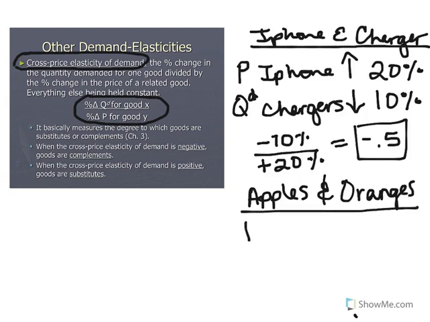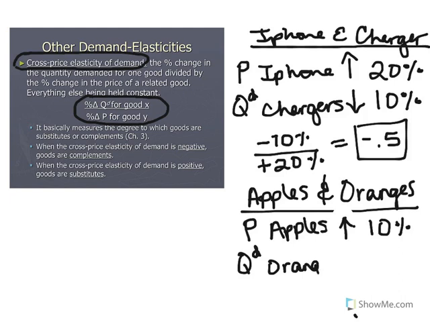And the same thing, let's say that the price of apples increases by 10%, and that causes the quantity demanded of oranges to rise by 20%.